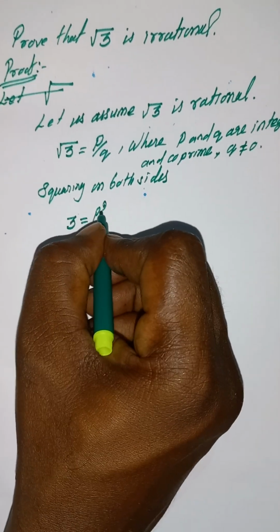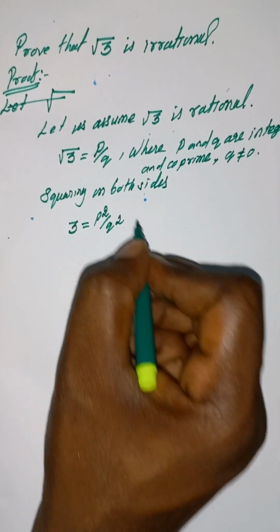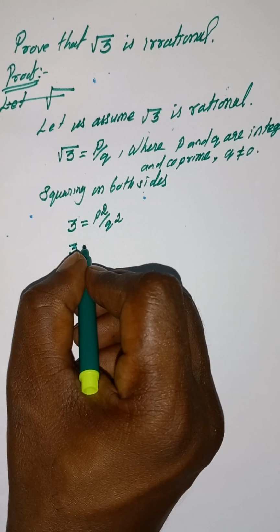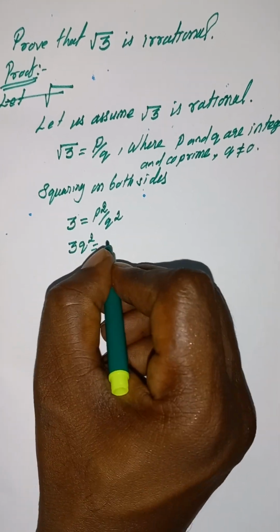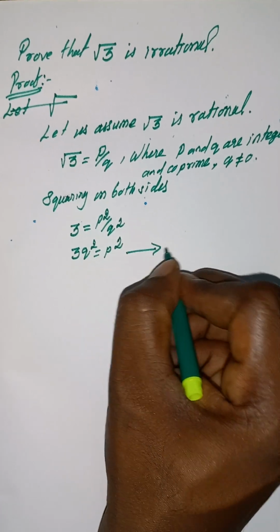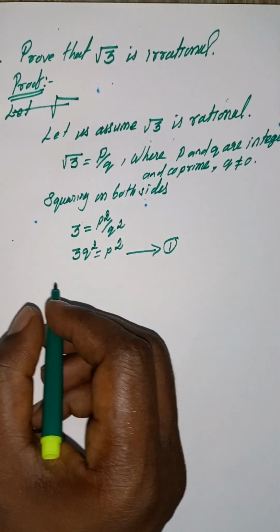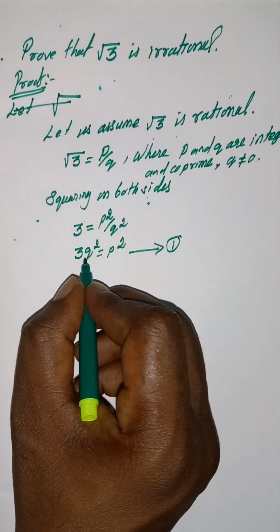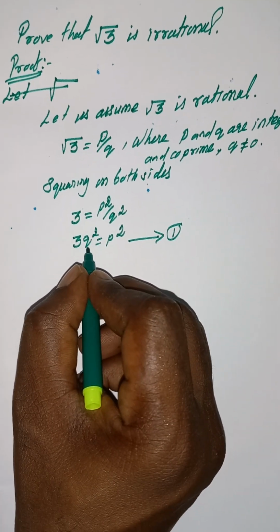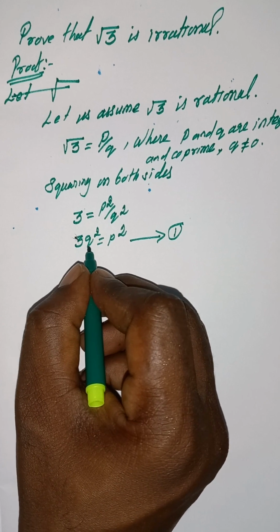So p square by q square. Do the cross multiplication: 3q square equal to p square. This is equation number 1. So p square is equal to a multiple of 3, so it will be divisible by 3.